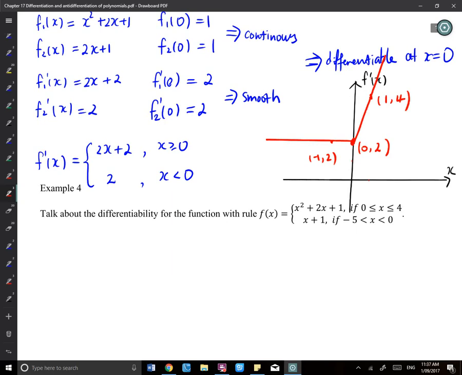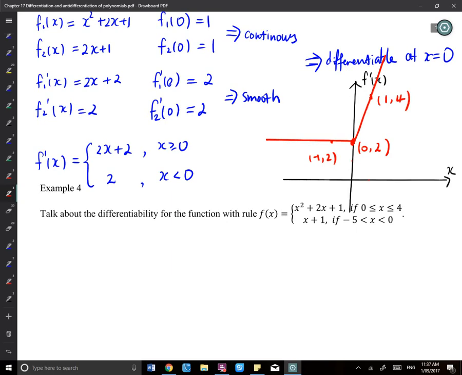Okay, I'll give you 30 seconds to read through example 4. Can you tell me what the 0, 4, negative 5 are in example 4? Why are there 3 numbers?